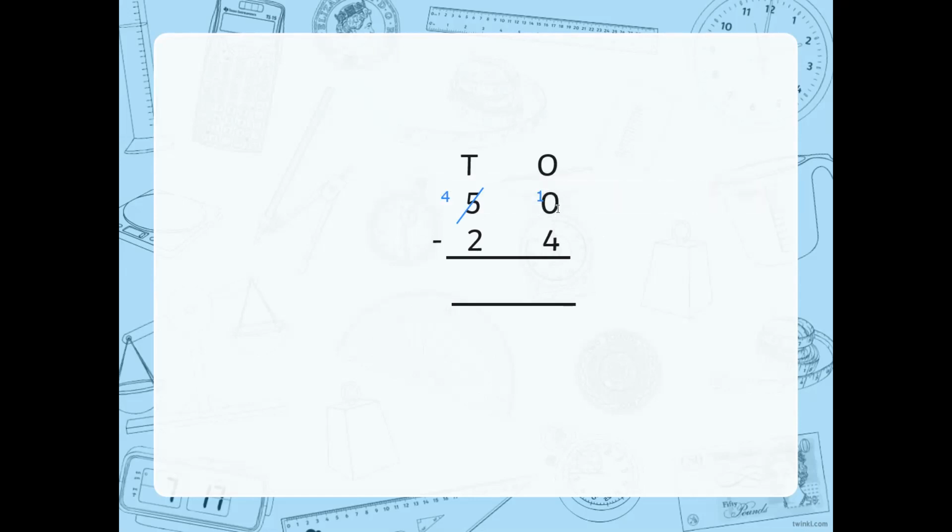So now we've got 10 take away 4. 10 take away 4, we know is 6. 4 take away 2 tens leaves me 2 tens. So our answer is 26p.